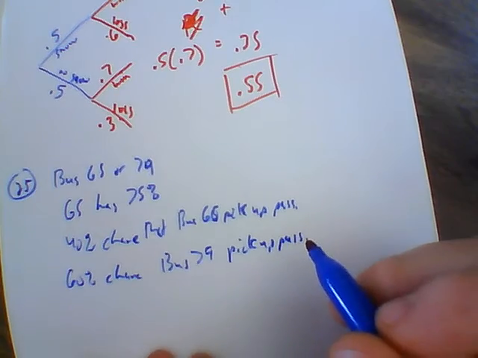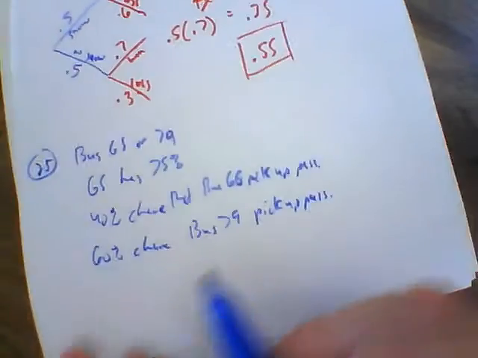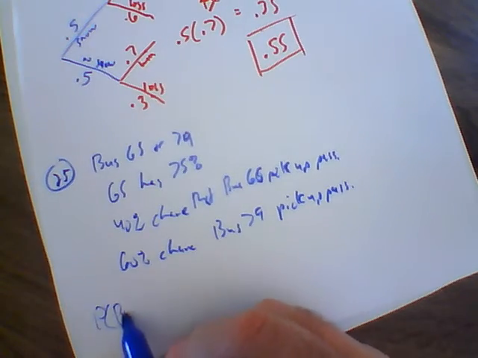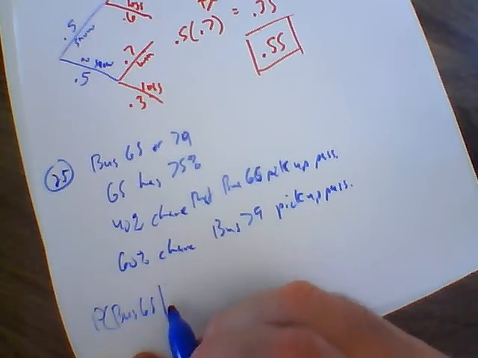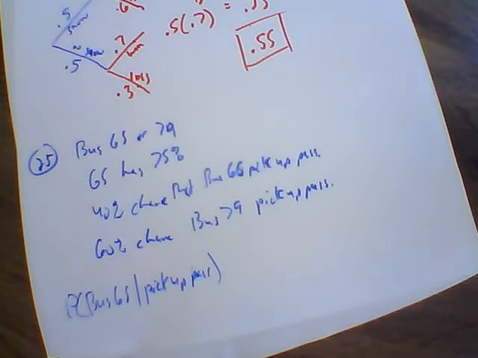Okay, it says your bus picked up passengers. What's the probability that your bus is 65? So you want to figure out the probability that your bus is 65, given you pick up passengers, okay, is what we're really relating to.